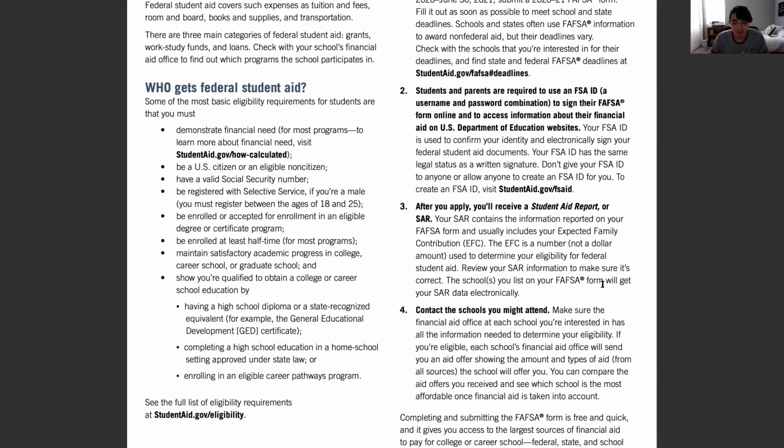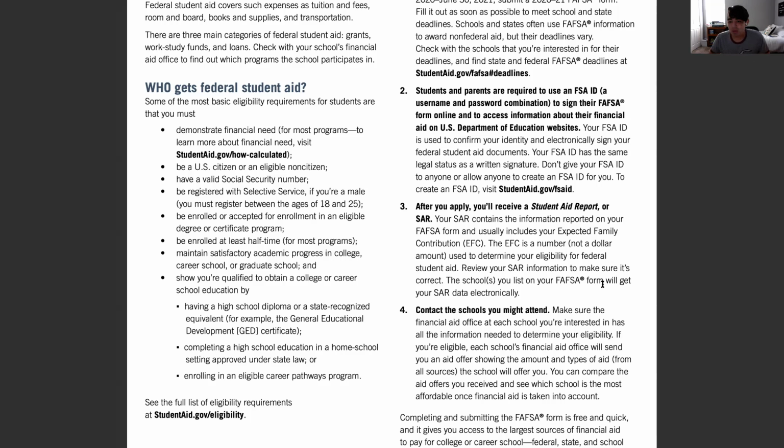Again, this does not mean you can contribute that much. This means this is how much they are saying that you can, okay? Make sure you look at it and review your SAR, which is your student aid report, and look for your expected financial contribution. Your EFC is a number, maybe 10,000.